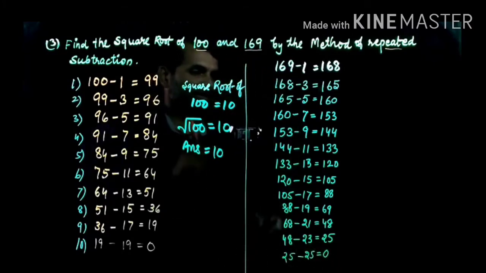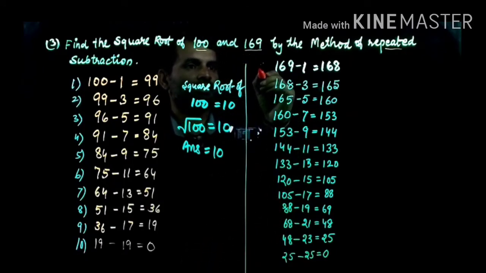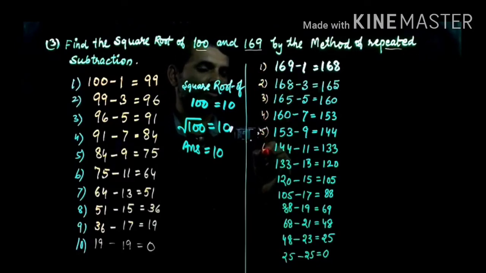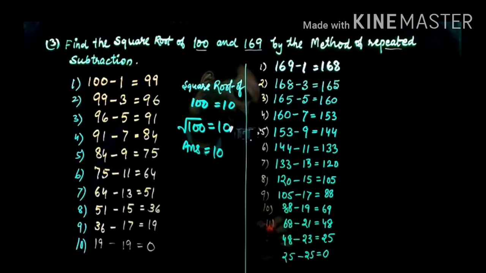It means you complete the subtraction method and you count the steps. The count of steps is 1, 2, 3, 4, 5, 6, 7, 8, 9, 10, 11, 12 and 13. It means 13 steps, where the result is 0.